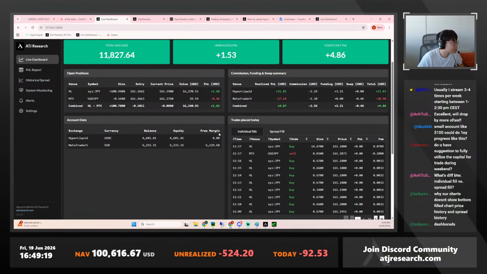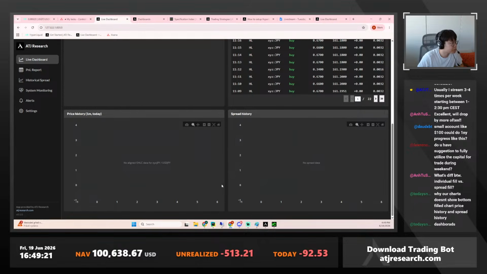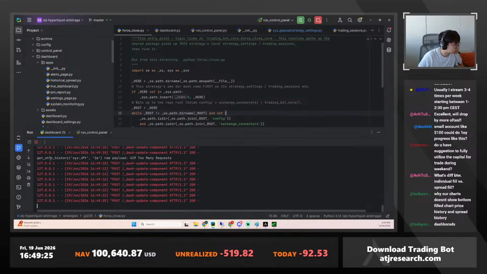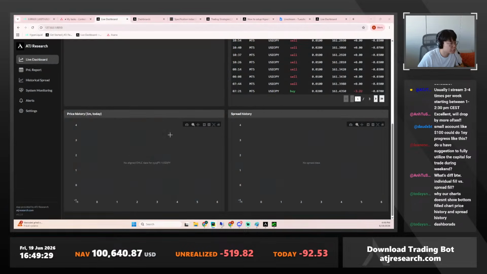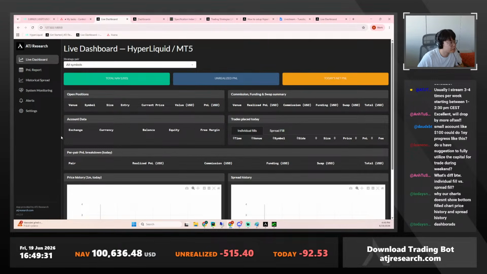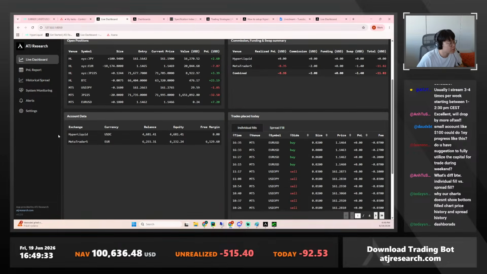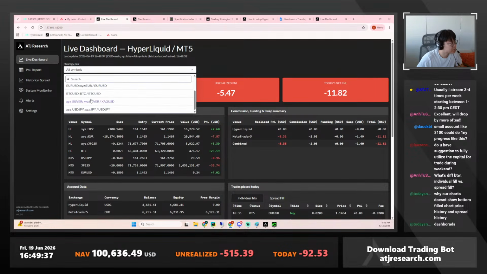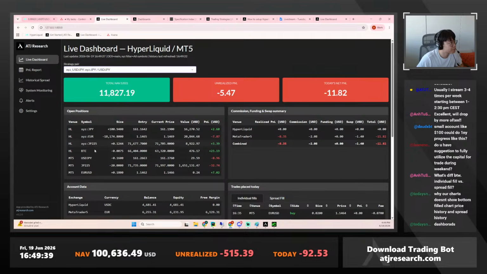So here I think it also takes a little bit of time. Let's see if my dashboard is running also. Oh yeah, too many requests. I'm getting rate limited due to the OHLC data. So let me refresh the page and see if I get rate limited now. So again, I go to USD JPY. Hopefully I won't get rate limited now.